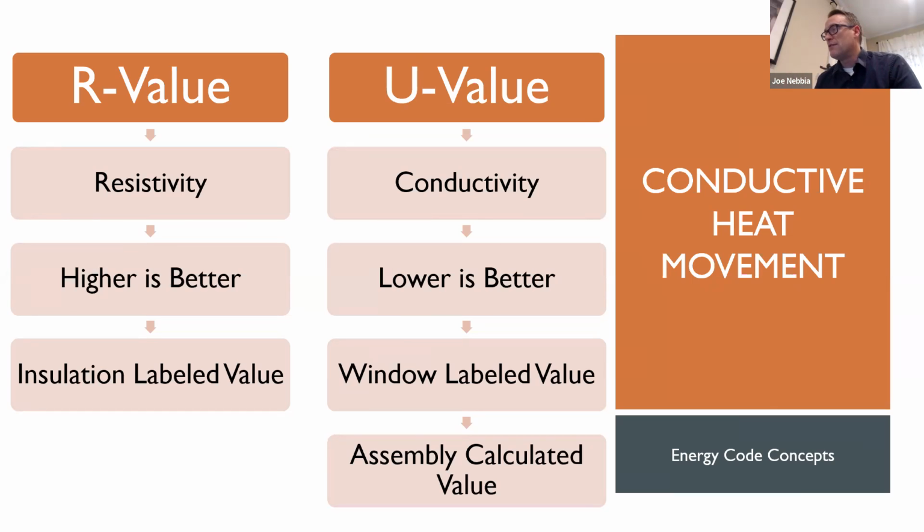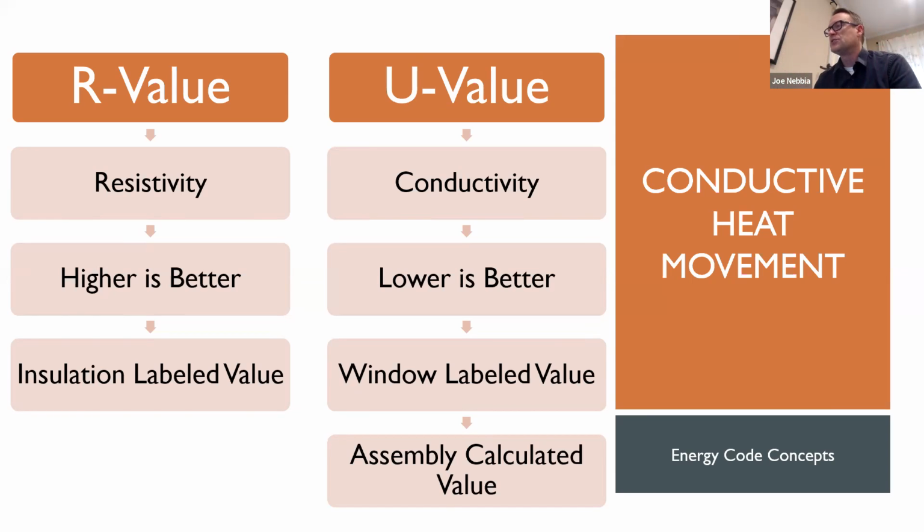U value is the inverse, it's conductivity. So it's how well does heat move across a substance. So U value, lower is better. And in windows, we typically talk about U value. And then we can also talk about U value when it comes to the whole wall or roof or basement type assembly.